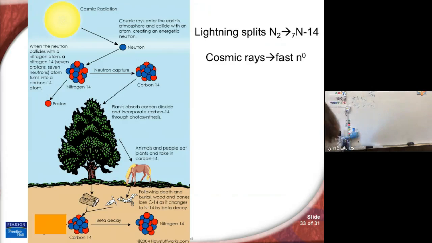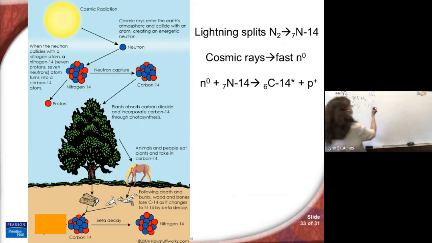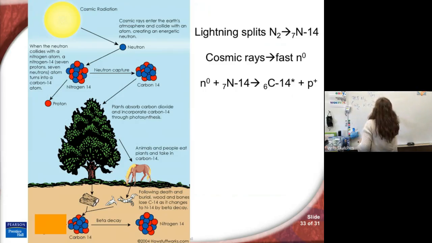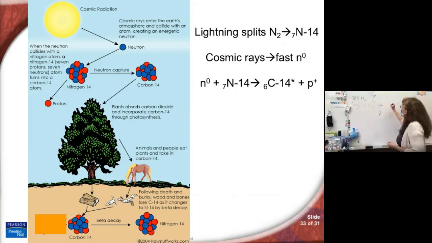And that ends up causing the nitrogen to poop out a proton. How's that for high-tech science? So a proton goes out, a high-speed neutron comes in, a proton comes out.